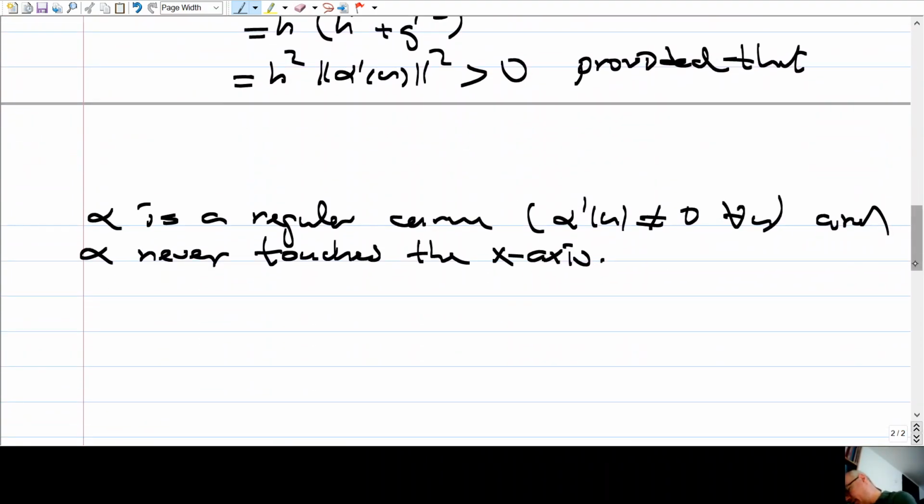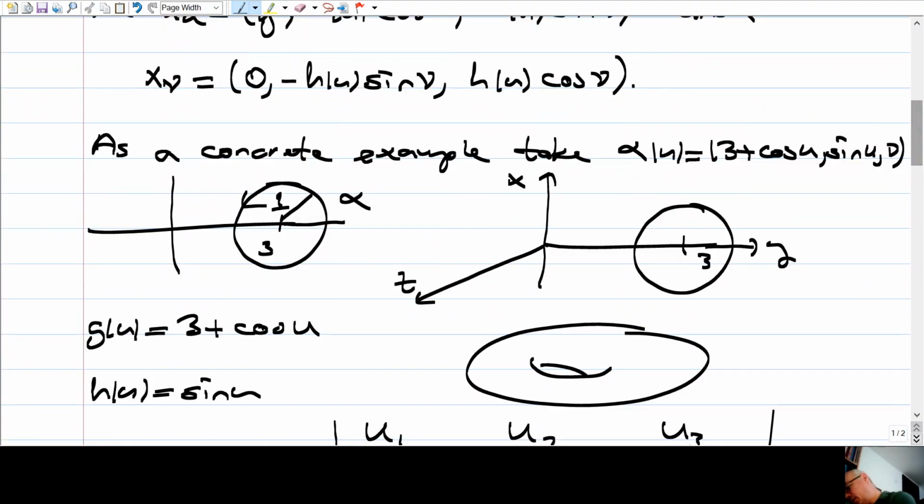All right. So like this one here, this is the curve alpha, and it doesn't touch the x-axis. All right.